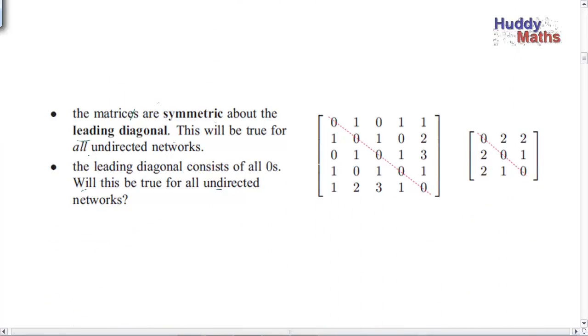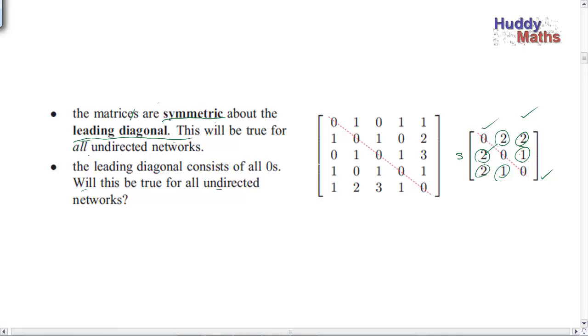Something that we've just noticed about these matrices: they are symmetrical, or symmetric, about the leading diagonal, because if you look at this one, there's a leading diagonal from the top entry back down to the right. So this was Sam and Con, and this was Con and Sam. Because they are not directed, you're going to have matching entries across the diagonal.